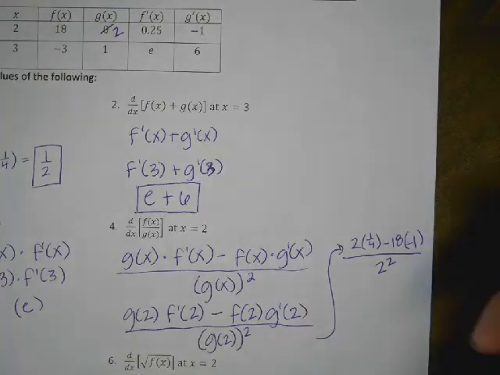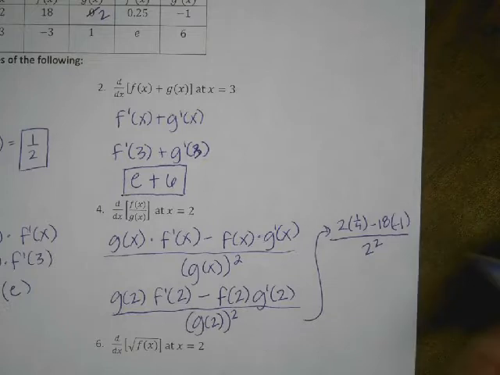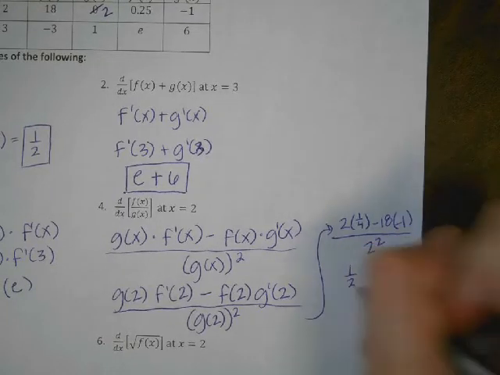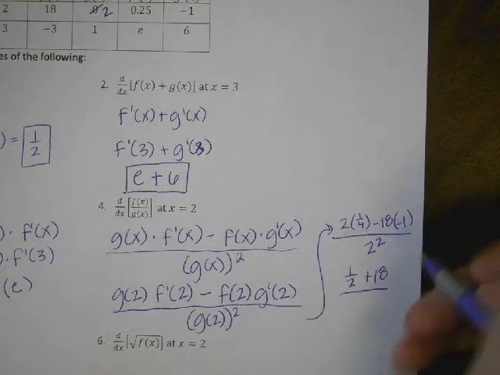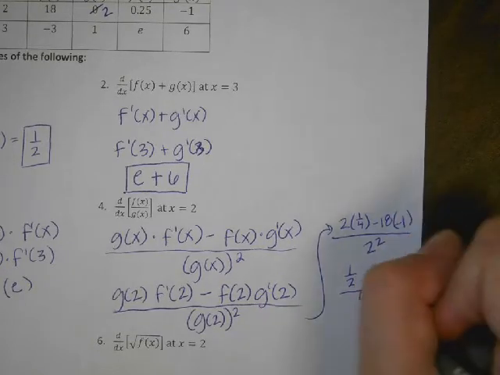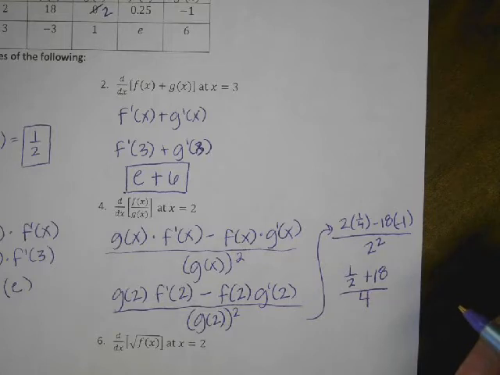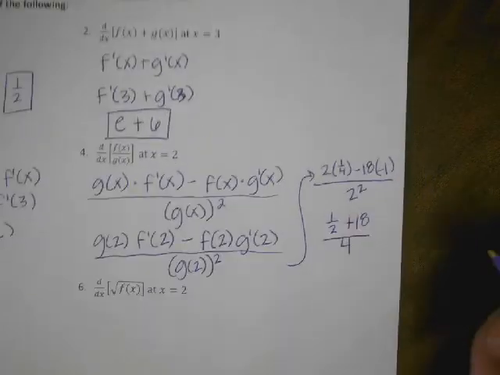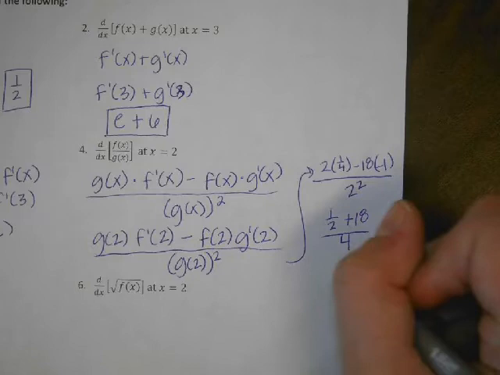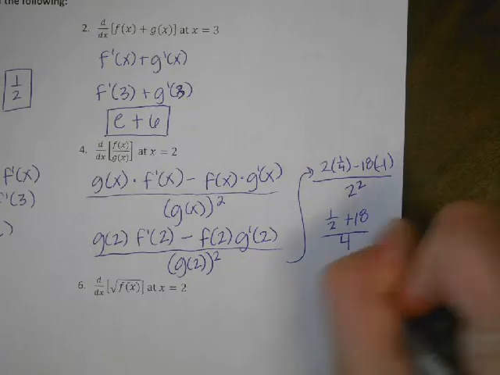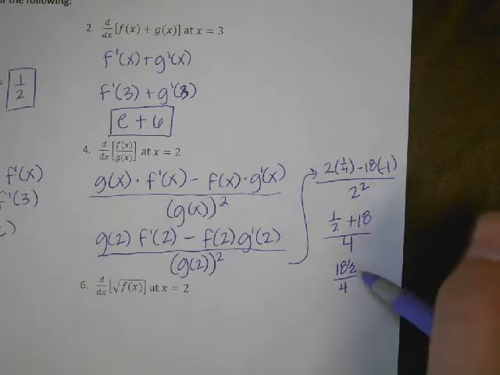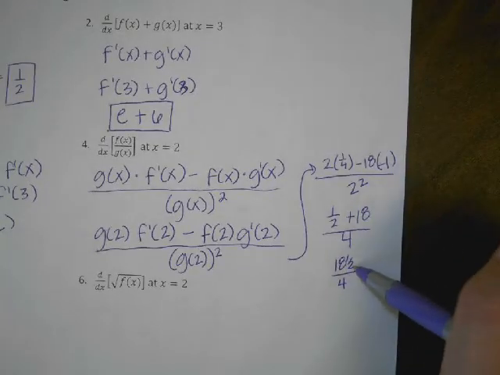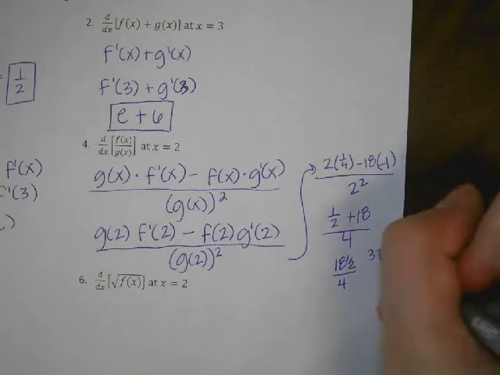Okay. So I have 2 times 1/4 is 1/2, plus 18, divided by 2 squared, which is 4. So 18.5 divided by 4. 18.5 I could rewrite: 18 times 2 is 36, 36 plus 1 is 37 over 2.